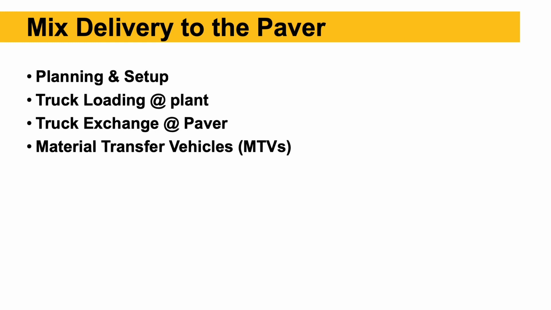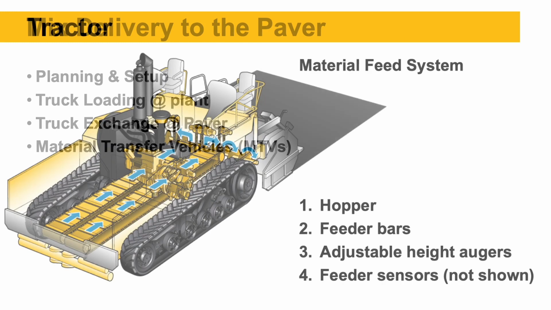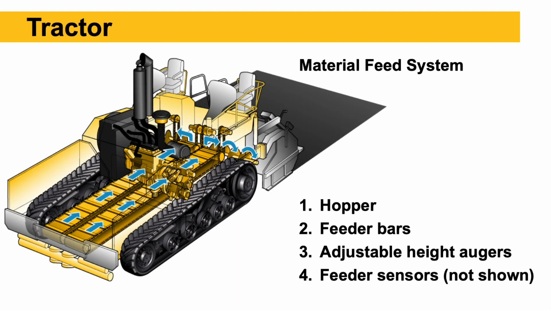So whether we're dumping directly into the hopper from the trucks or using an MTV, or material transfer vehicle. On the paver, we've got the tractor. That's really the material feed system. The tractor receives the mix in the hopper, again whether directly from trucks or from a material transfer vehicle.